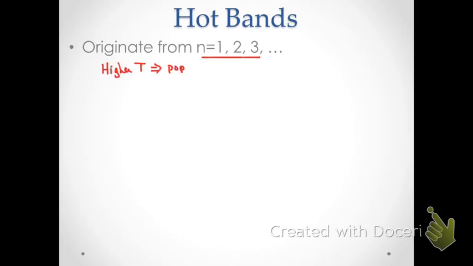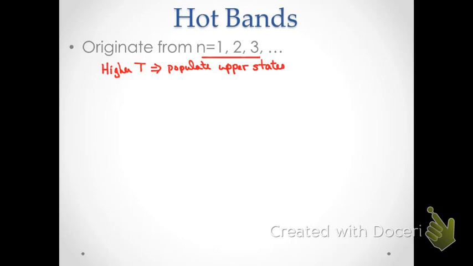And the reason they're referred to as hot bands is because at room temperature, for most vibrations, the huge majority of molecules exist in the n equals 0 vibrational level. So the vast majority of transitions are going to come from the n equals 0 level.